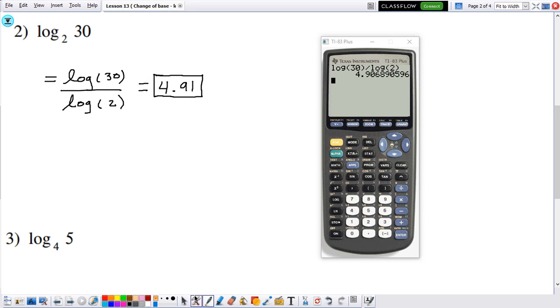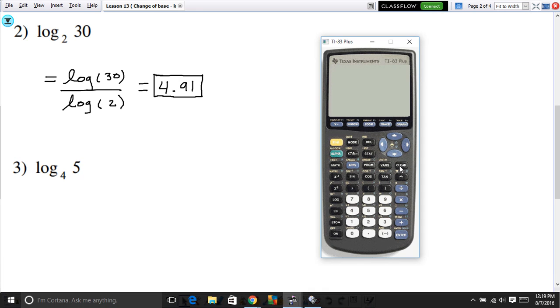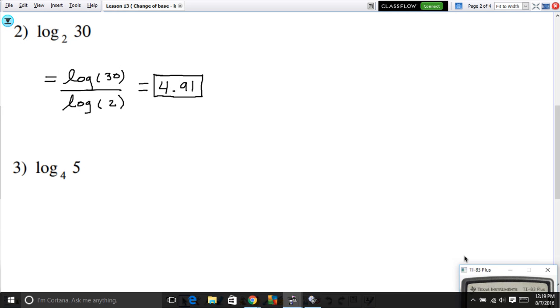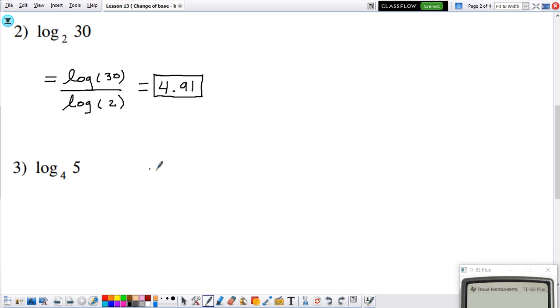So now lastly, let's look at the third example here. Again, this is base 4, so we cannot use the calculator to find the numerical representation of it. So what we've got to do is change the base. So this is the same as log of the top, which is 5, so log of 5 divided by log of the base, which is 4. Once we have this, they're base 10.